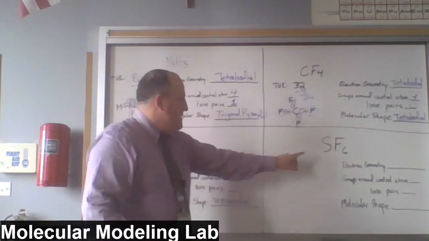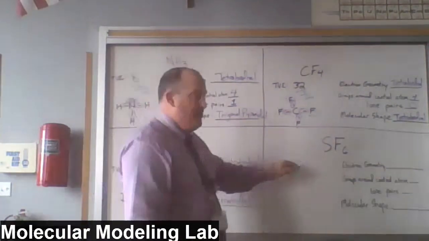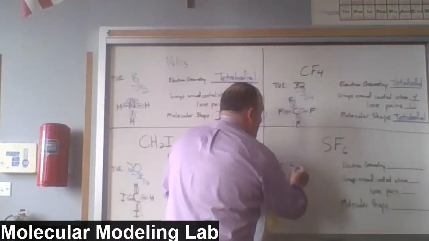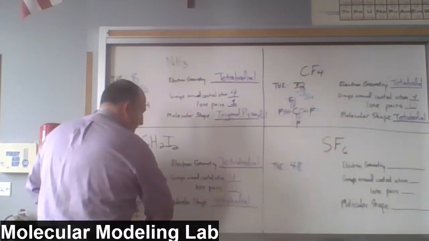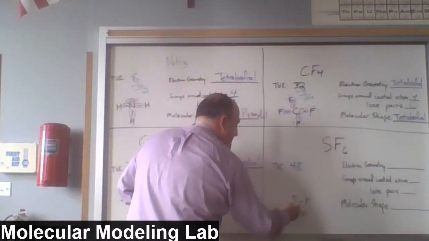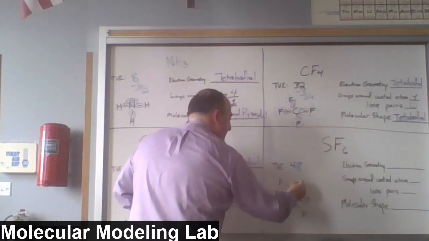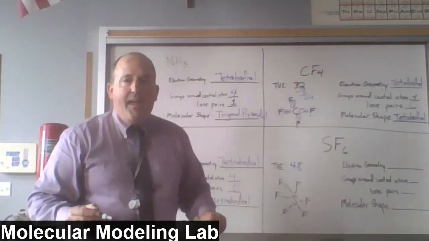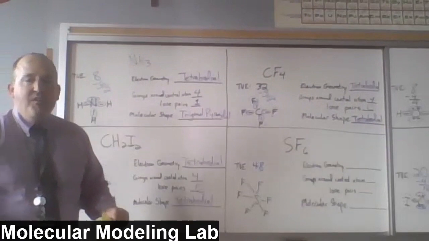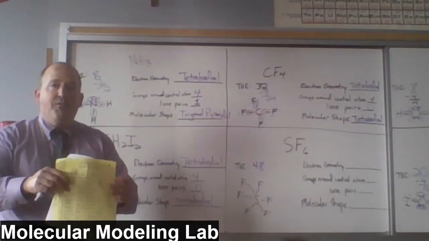Let's do a little math together. 6 fluorines at 7 is 42, plus 6 from the sulfur, so 42 plus 6 is 48 electrons. At a minimum, we need to connect a central sulfur to each of 6 fluorines. We're exceeding the octet rule. And you might say, hey, can this compound even exist? And in fact, there are certain circumstances under which the octet rule is eligible to be violated.